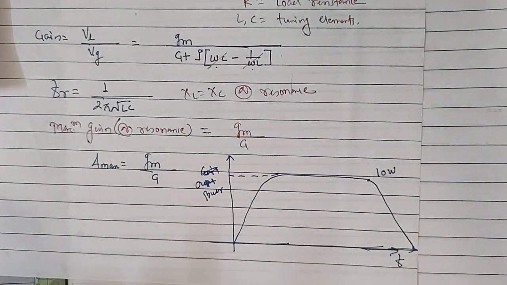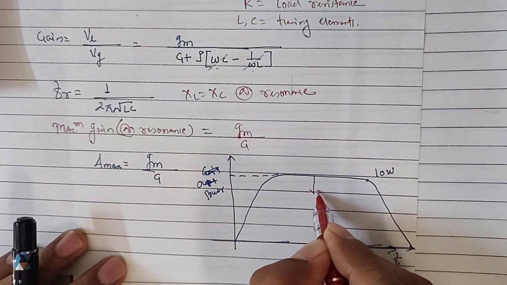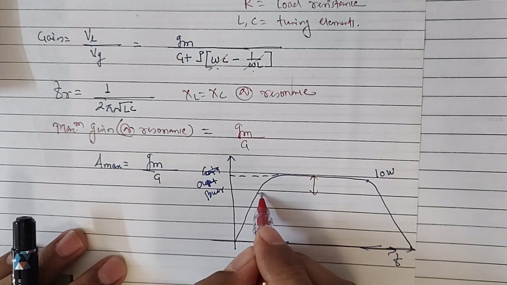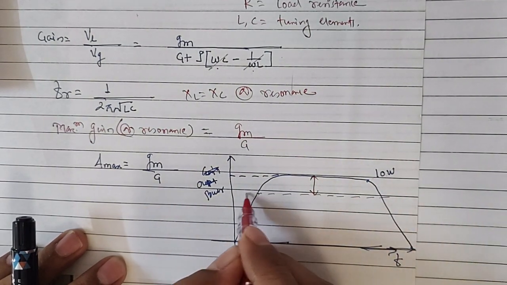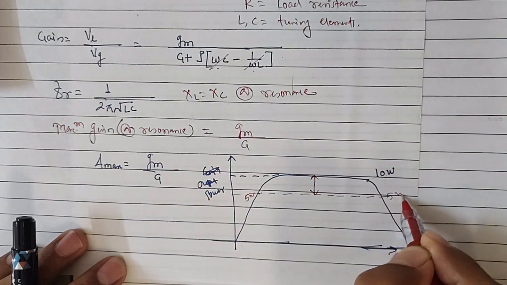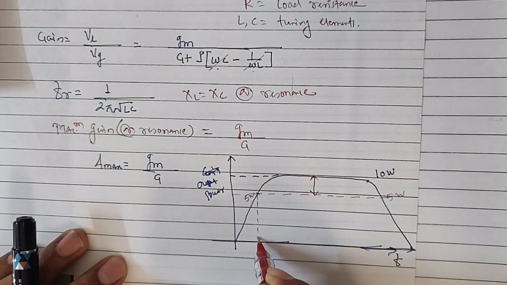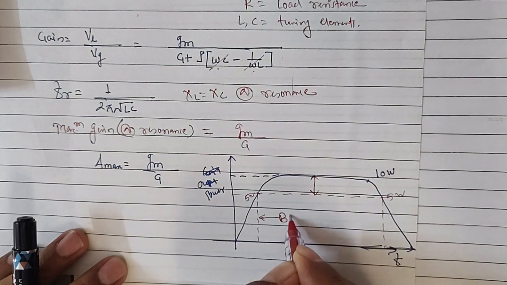While determining bandwidth for this curve, we take 3 dB down, or power would be half. So we have to determine the half power point. So it is 5 watt on either side, and take projections on the frequency axis. So this would be the bandwidth for this graph.